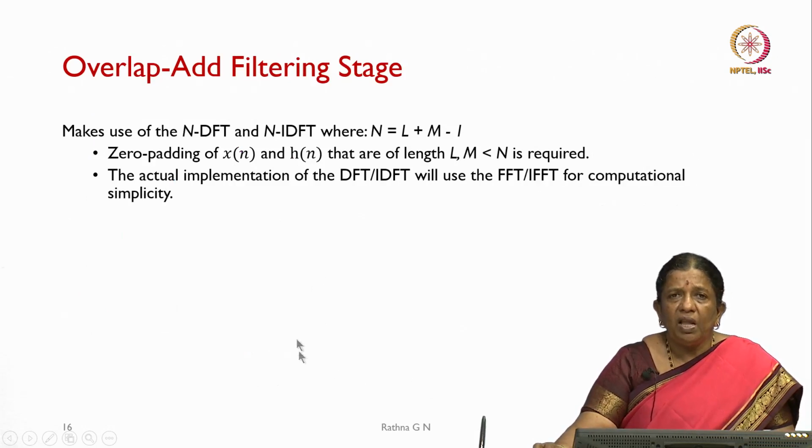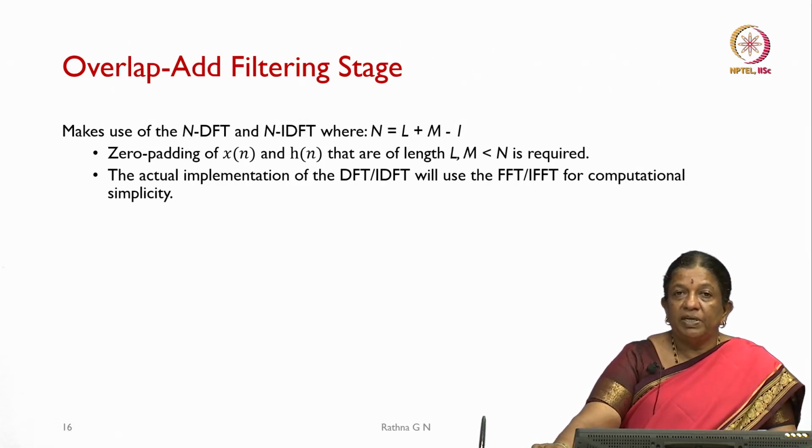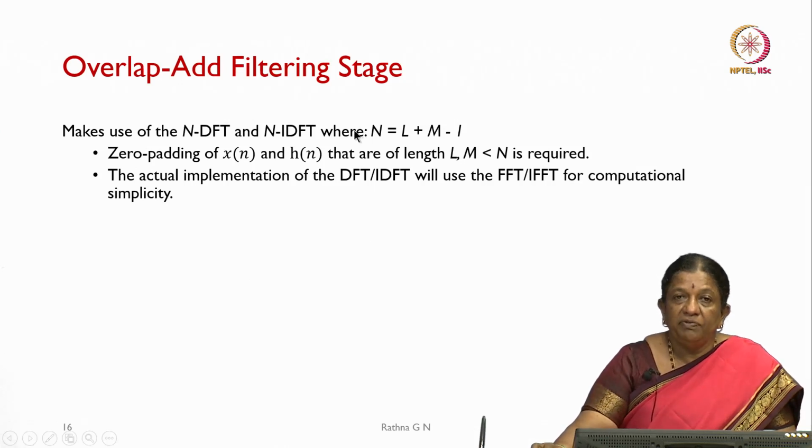So, what is the filtering stage? We make use of the N-point DFT and N-point IDFT, where N is the DFT or FFT length, which is going to be L plus M minus 1.